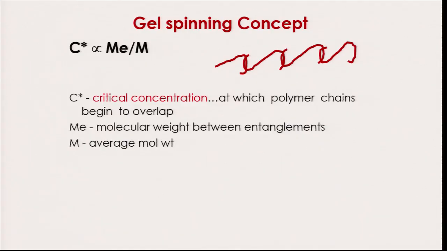And if you have higher molecular weight, then you will require much lower concentration. So, that means the critical concentration is proportional to the entanglement molecular weight, and inversely proportional to the average molecular weight of the polymer.